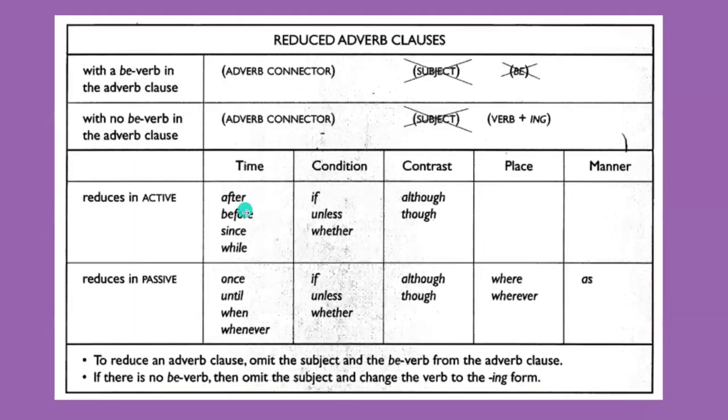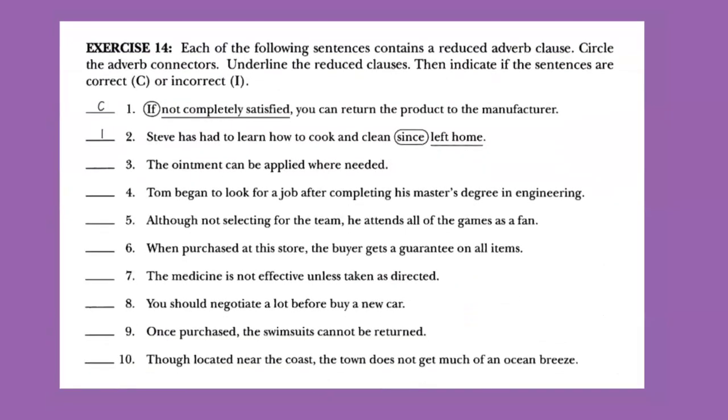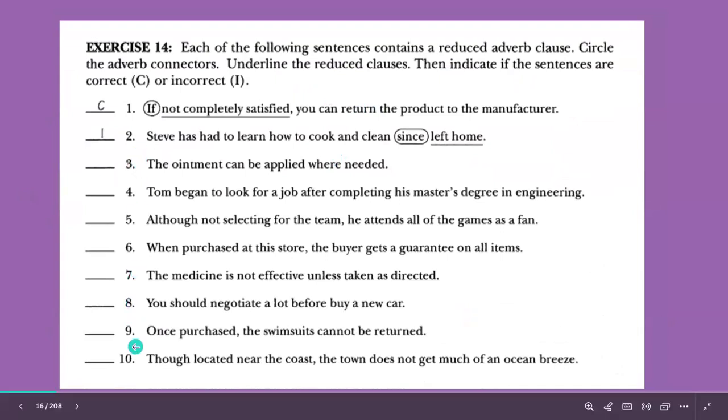Yeah, these words we saw here: after, before, unless, whether, although, whenever, etc. Then underline the reduced clauses. Indicate if the sentences are correct or incorrect. So get some pen and paper and answer exercises 3 to 10.